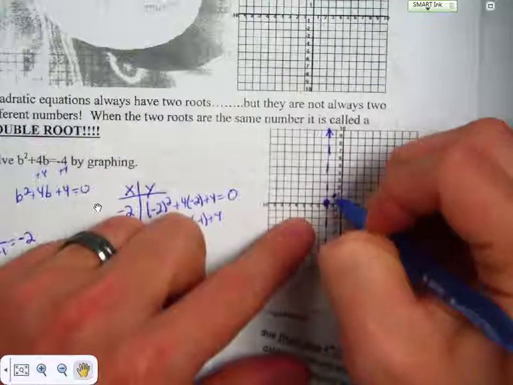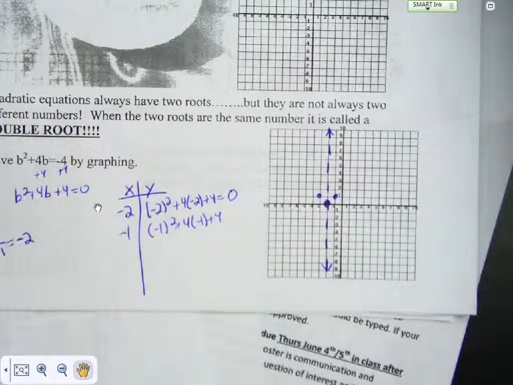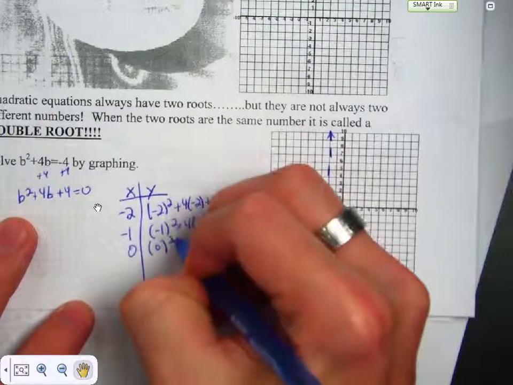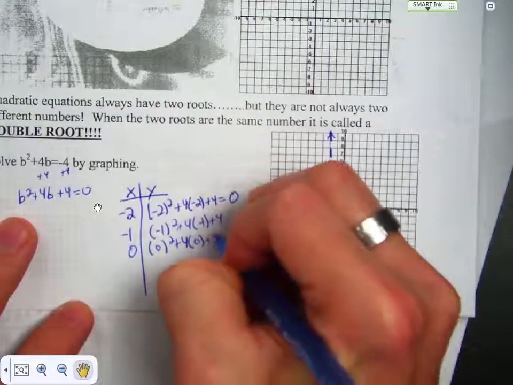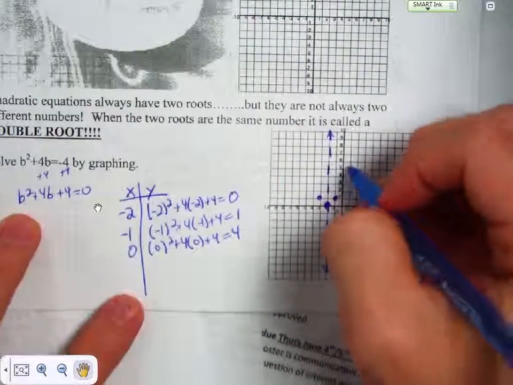Which means we have a point equidistant away from the axis of symmetry. Okay, let's plug in 0. This one's nice and easy. We don't need a calculator for this. 0 squared plus 4 times 0 plus 4 equals 4.